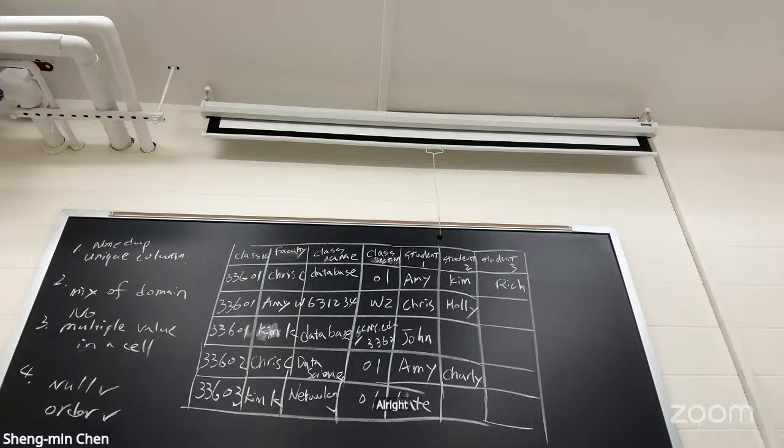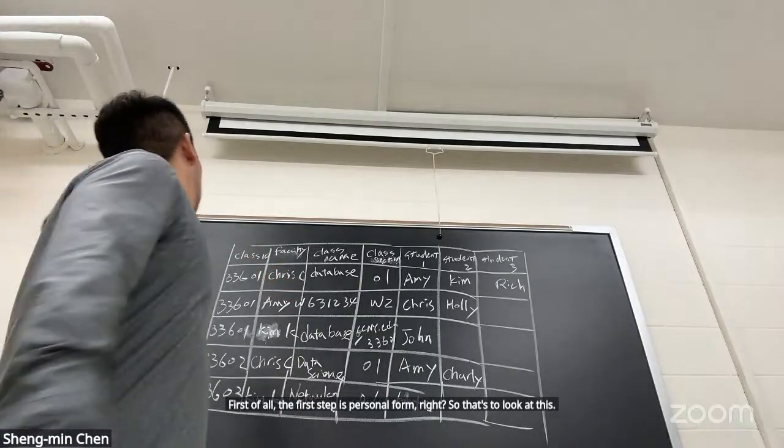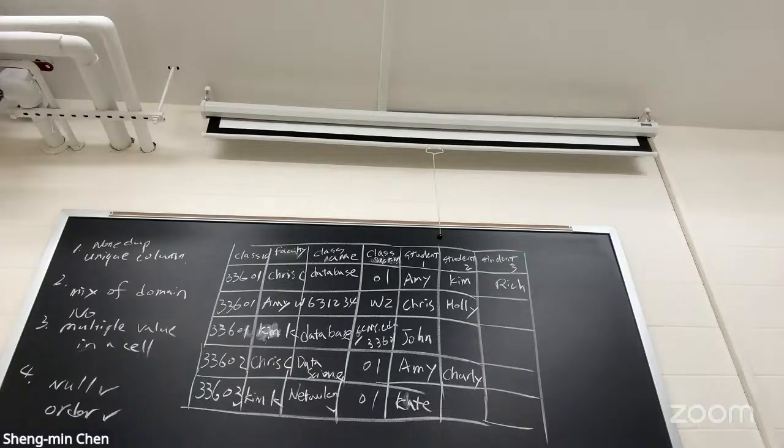All right, so the first step is first normal form, right? So let's look at this. Non-unique, non-duplicate unique columns. Are there violations of that? Yeah, the first one.